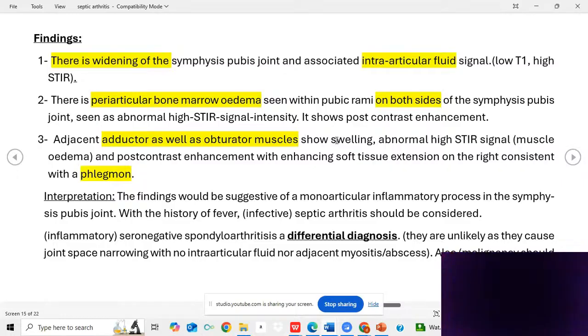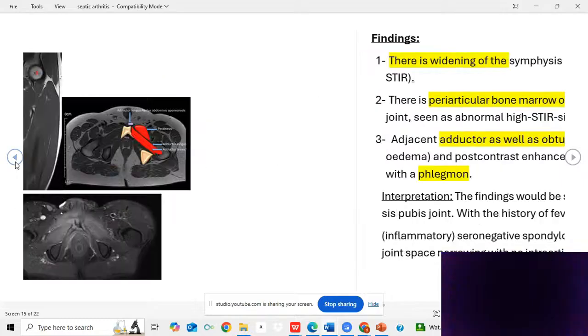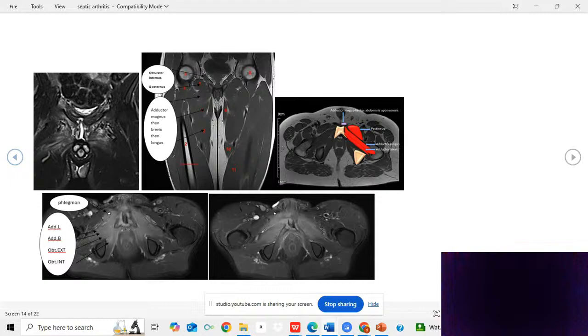which show swelling, abnormal high STIR signal, and post-contrast enhancement. The adjacent obturator muscles, the obturator internus and obturator externus, as well as the adductor muscles. Here is the adductor magnus and brevis.